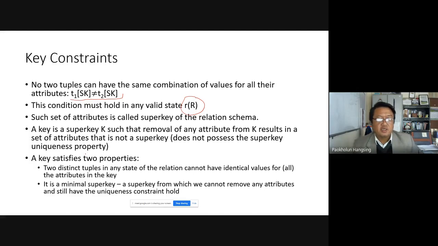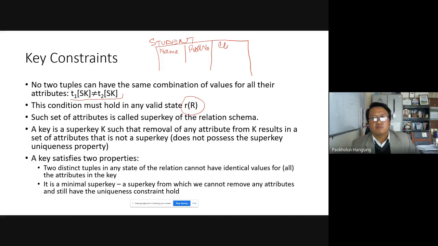So what we mean to say is that every tuple should be unique. As I've said, a tuple is the equivalent of a row of information: name, roll number. This is the student relation: name, roll number, then I simply say class.